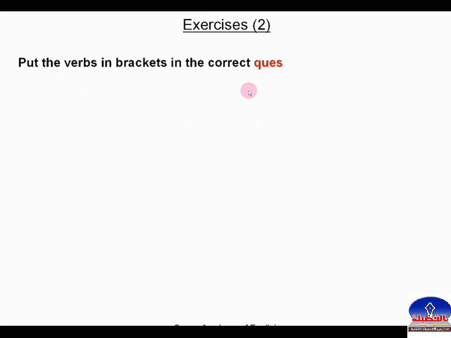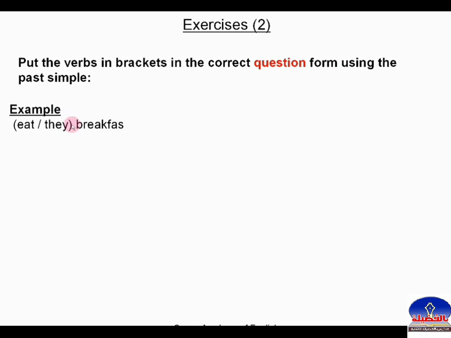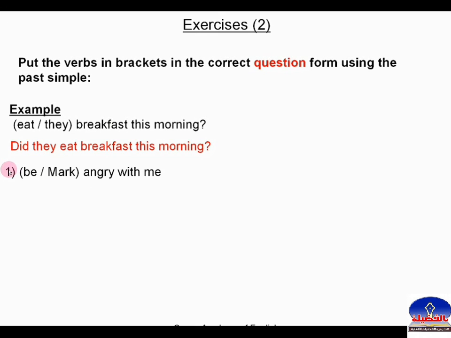Exercise 2. Put the verbs in brackets in the correct question form using the past simple. Example: so the answer here would be: did they eat breakfast this morning? So this is the question form. Question 1.